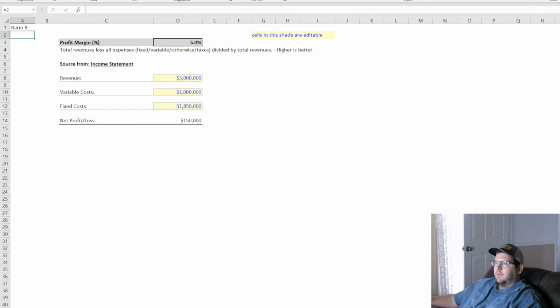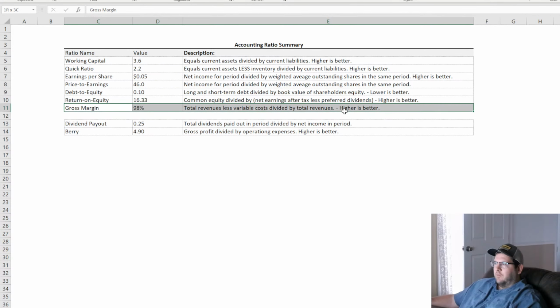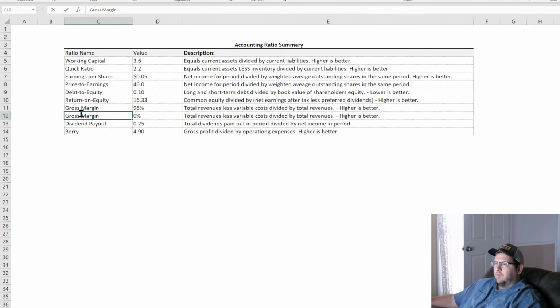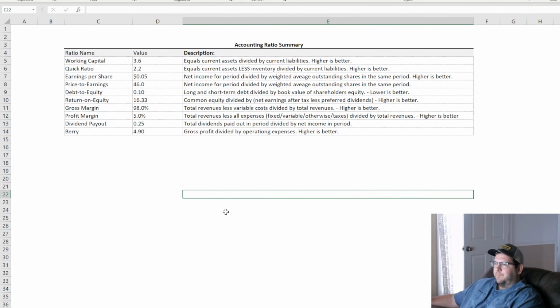Higher better. D3. And if you work in this every day, these are pretty obvious. Well, most of these numbers are probably obvious. But if you're seeing this for the first time, it's definitely not. And this is a great resource to see the calculations.